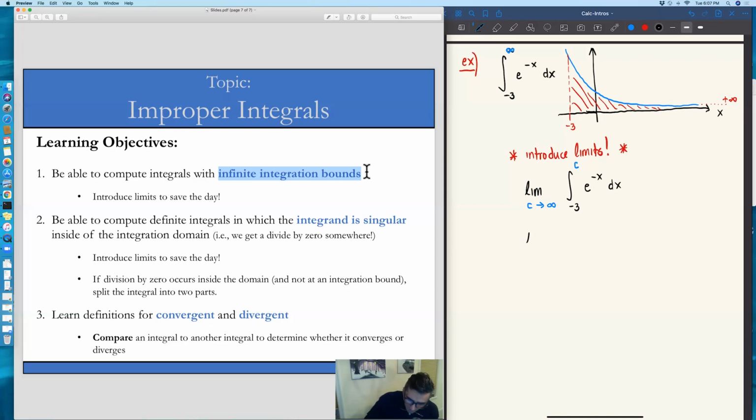We just get to lug that limit as c goes to infinity along for the ride. So the next thing we get to do is compute the antiderivative of e to the minus x. The antiderivative of e to the minus x is minus e to the minus x, and we're going to evaluate that at the lower bound of -3 and the upper bound of c.